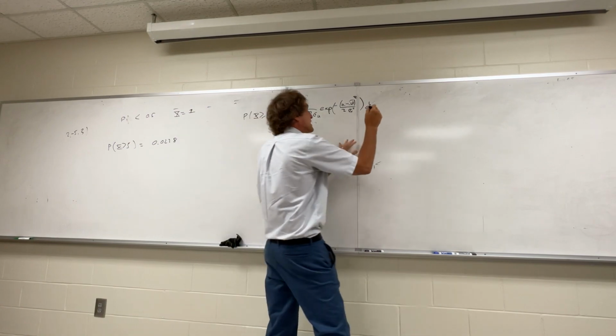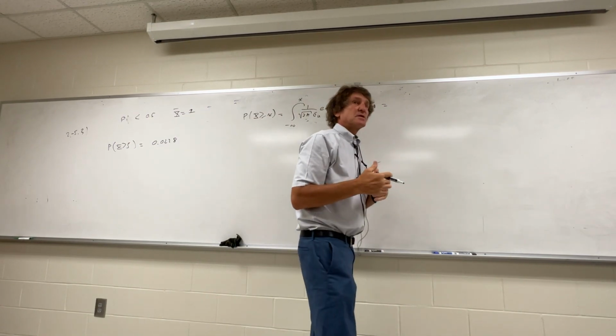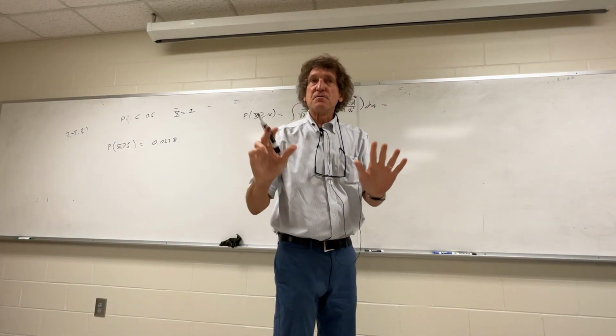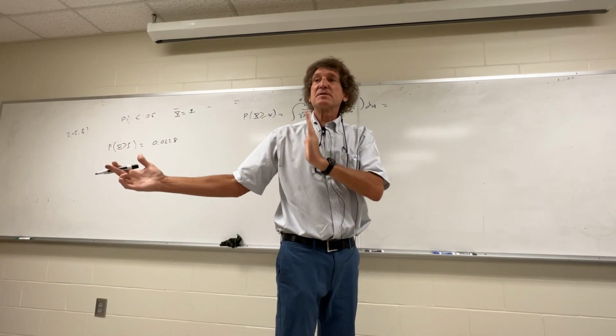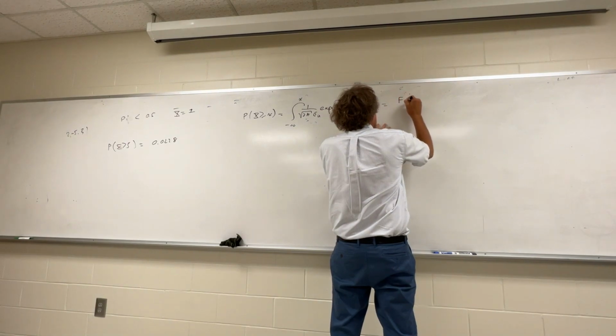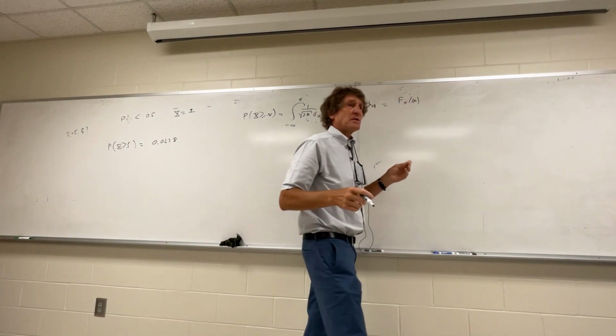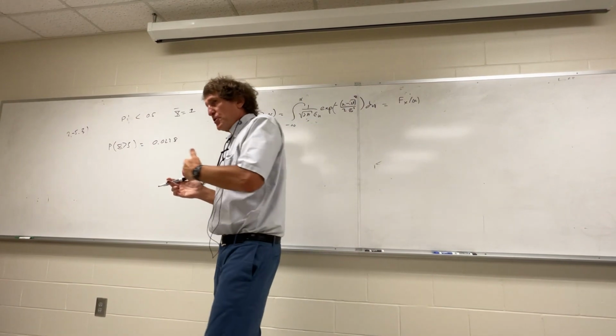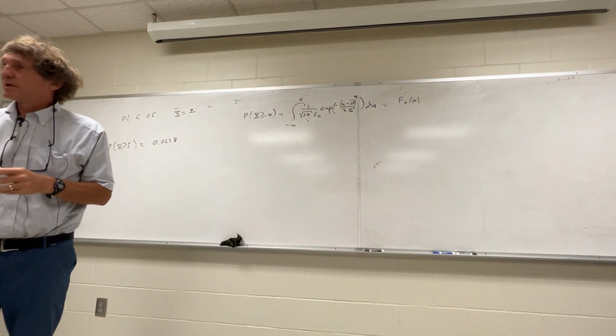What we call this thing is the distribution function, the integral from minus infinity to that point. In his book, he uses, I think, f of x. That's a common notation. Capital F usually means cumulative. Small f is density, probability density.